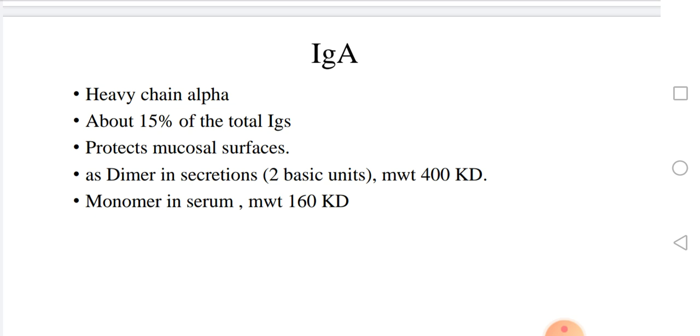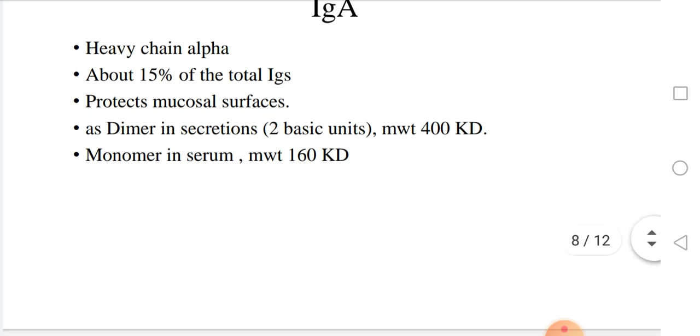This dimer has a molecular weight of 400 kilodaltons, but it is found as a monomer in serum with a molecular weight of 160 kilodaltons.